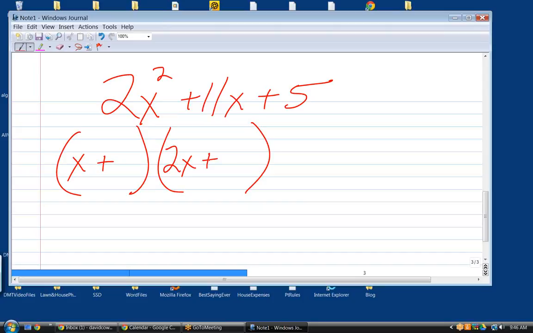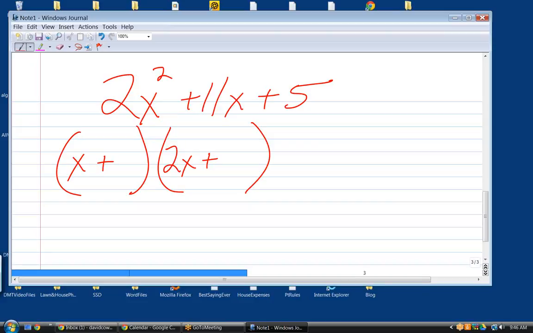Third step: almost the same. Factors of 5. But here's where you have to change it. You can no longer say factors of 5 that add to 11. That's not the case anymore. And in fact, there's nothing you can say.